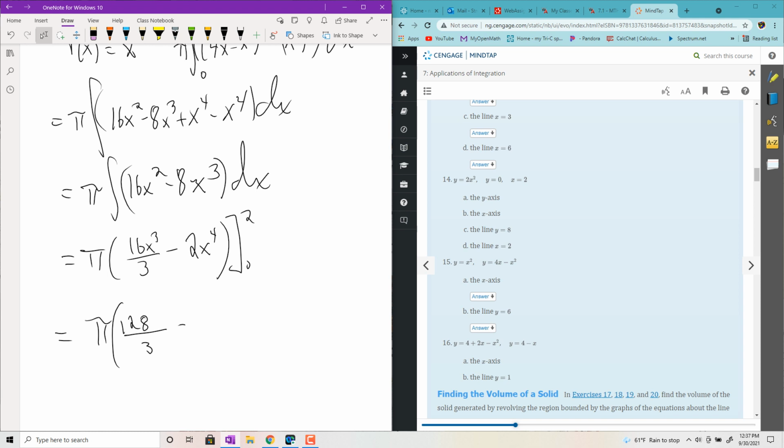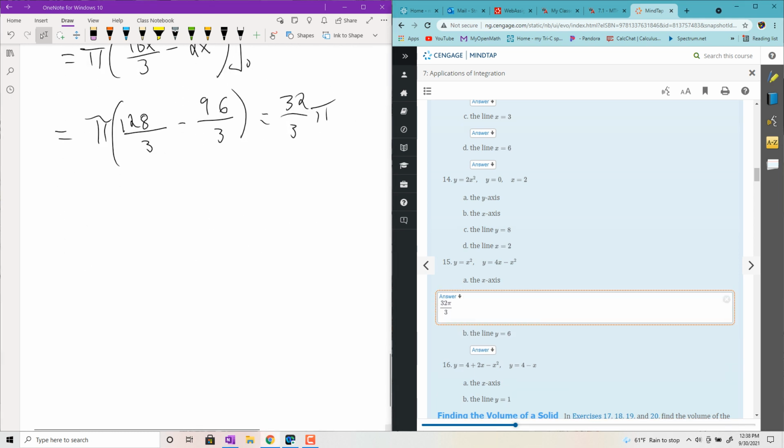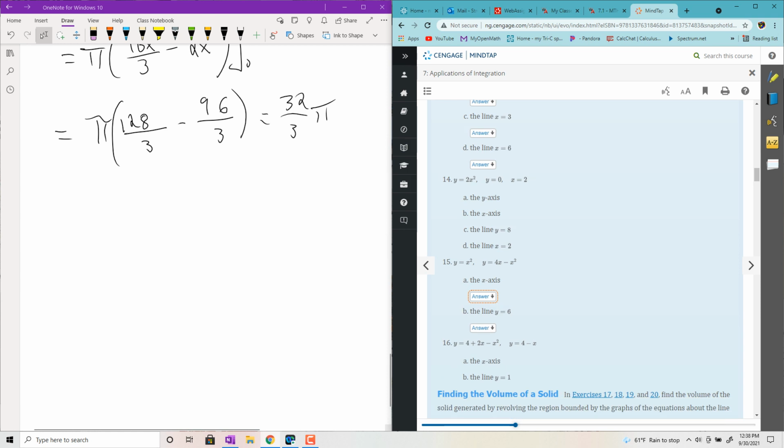I want a common denominator, so 32 times 3 is going to be 96 over 3, I hope, and then minus 0. 128 minus 96, this is going to be 32 over 3 pi. And then hope you got it right. Yeah, okay, so that's 7.2.